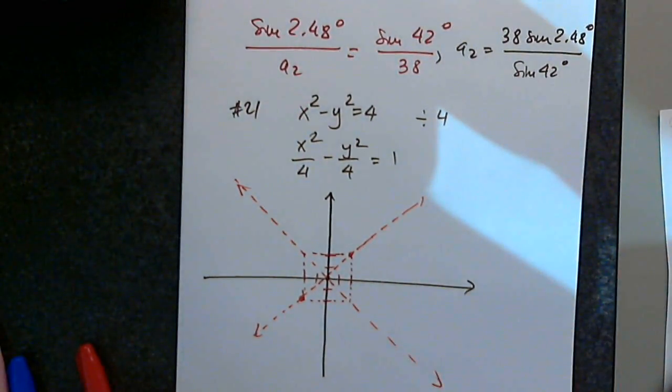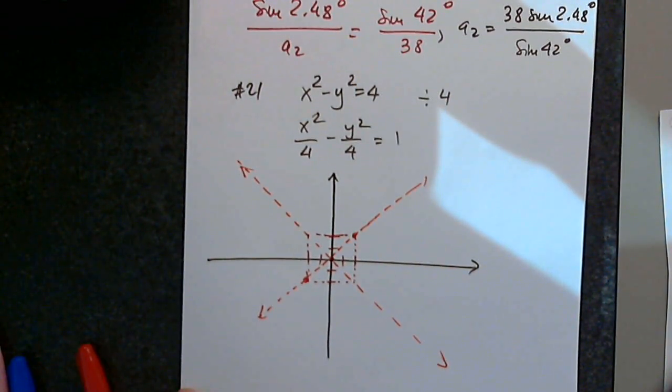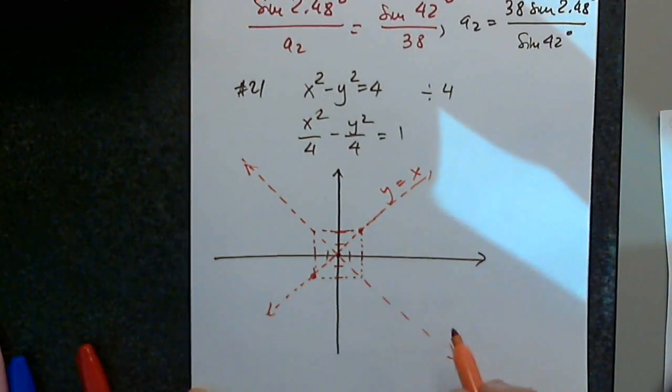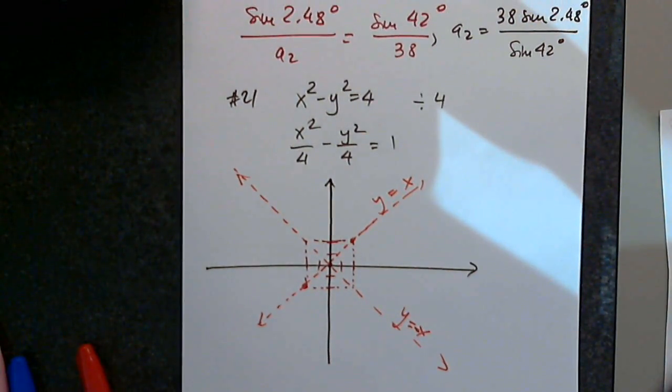It turns out that these asymptotes have what equation? y equals x and y equals negative x. That's it. Good. And now we are ready to graph.